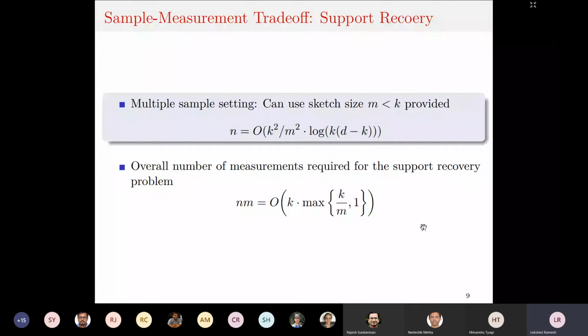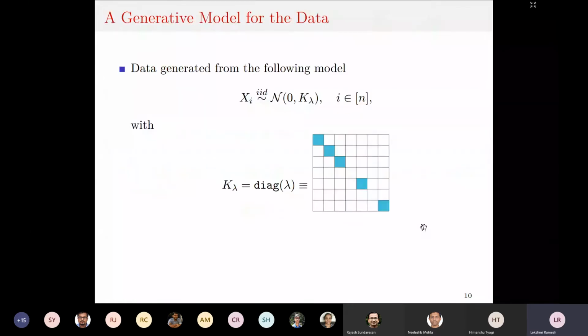So our results will be in this generative model setting where we assume the samples to be random. This is the generative model that we have on the data. The samples are drawn from a multivariate Gaussian with mean 0 and covariance matrix k lambda.